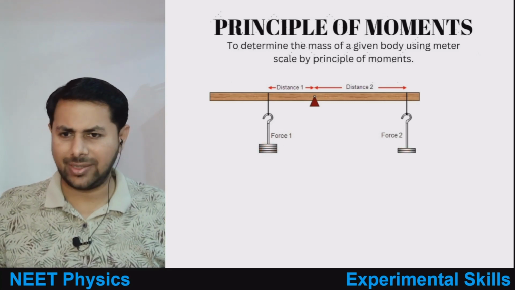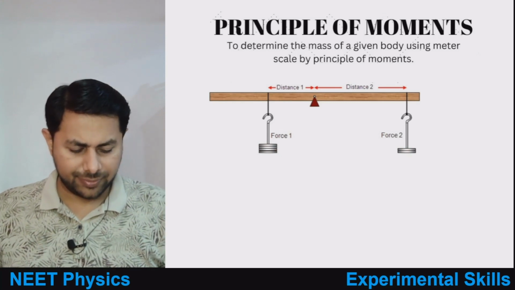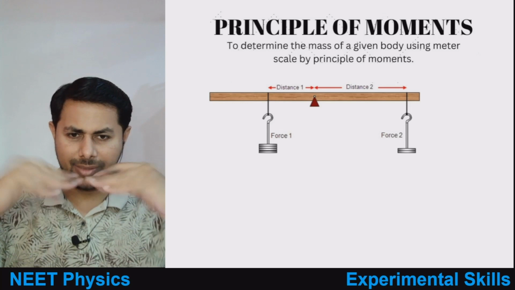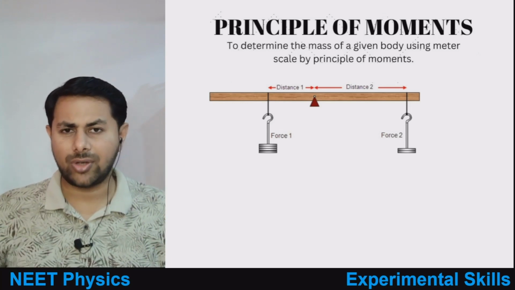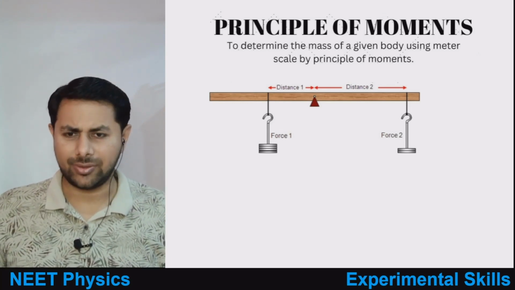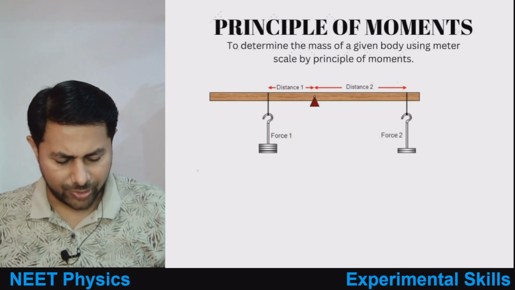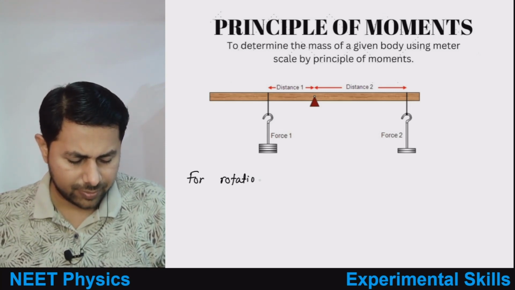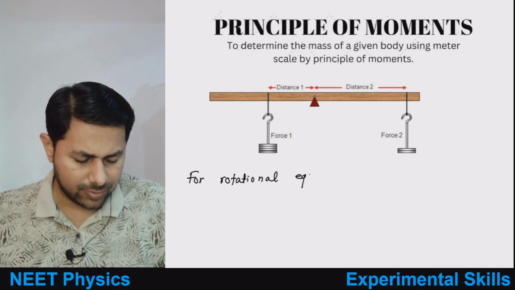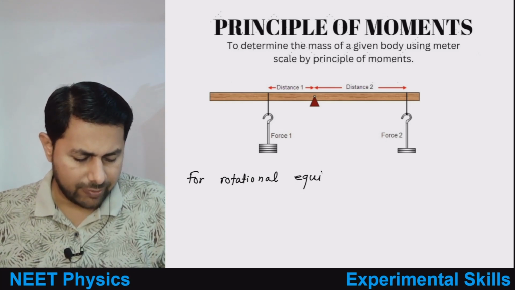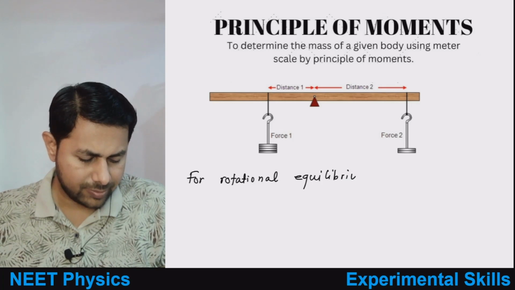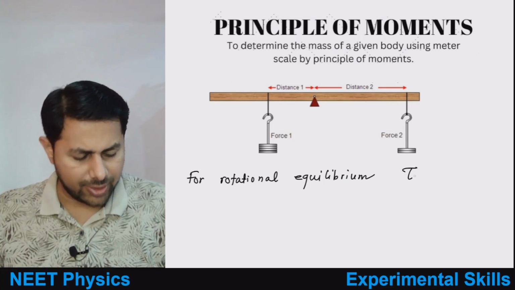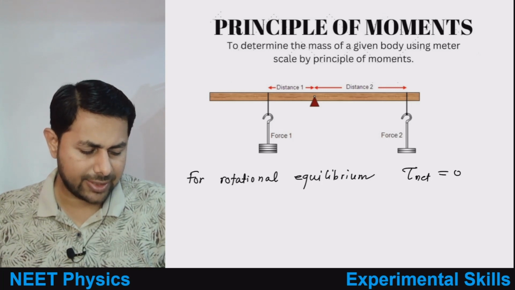And how can we find that? We know that this meter scale will be in rotational equilibrium when the total torque acting on it is equal to 0. So for rotational equilibrium, the net torque is equal to 0.